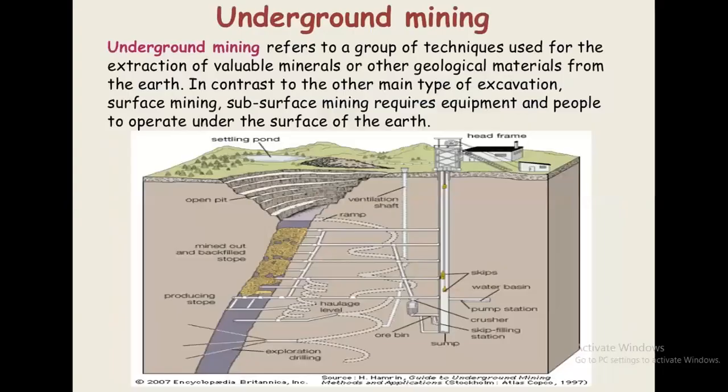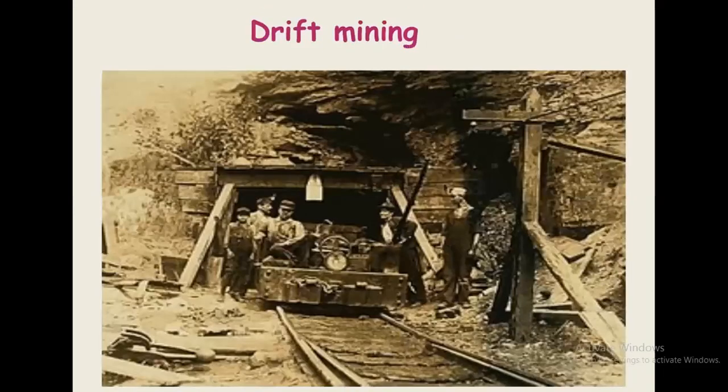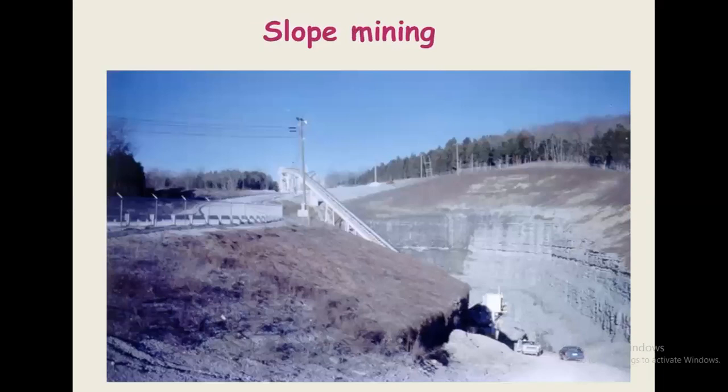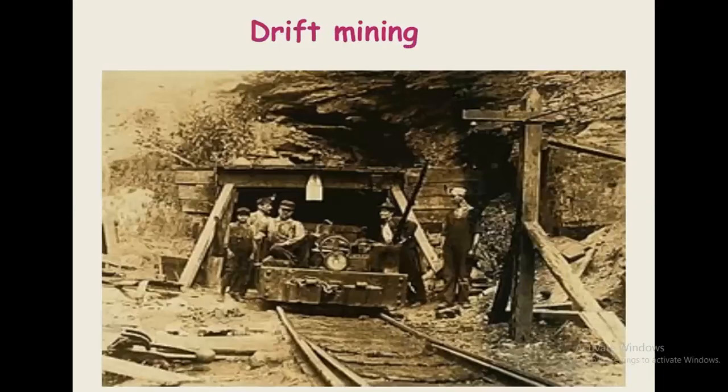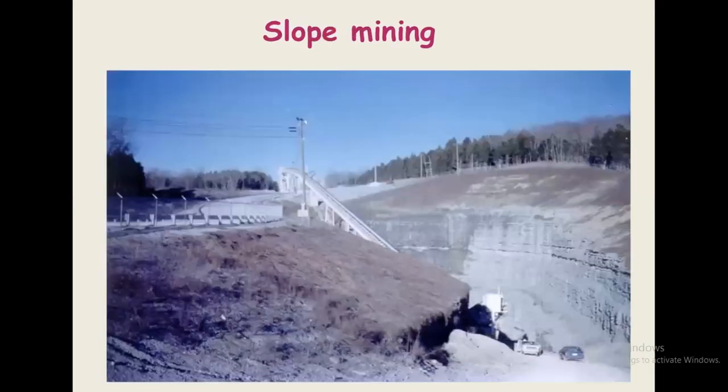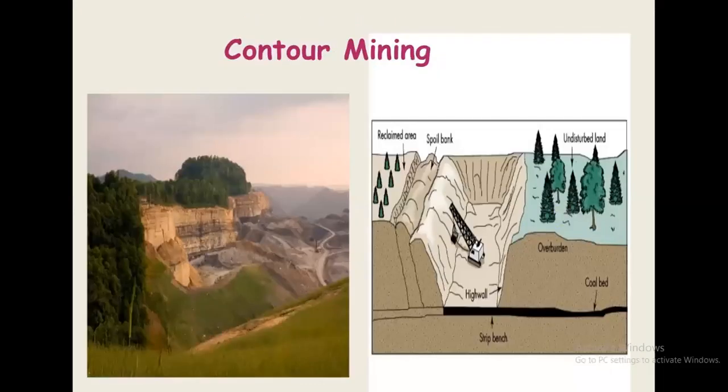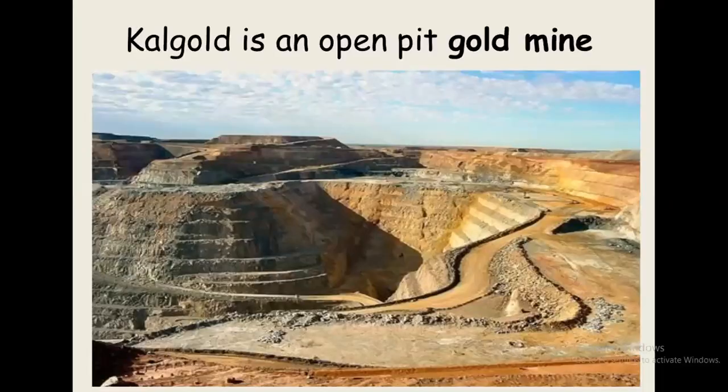We have seen what is underground mining, where all the system is made underground, and sometimes people also have to move inside for digging and all, drift mining and all. Where you can see it's like a track, railway track, right? That machine, they just go inside and then they bring the minerals getting extracted. Then we have seen different kinds of mines in different places.